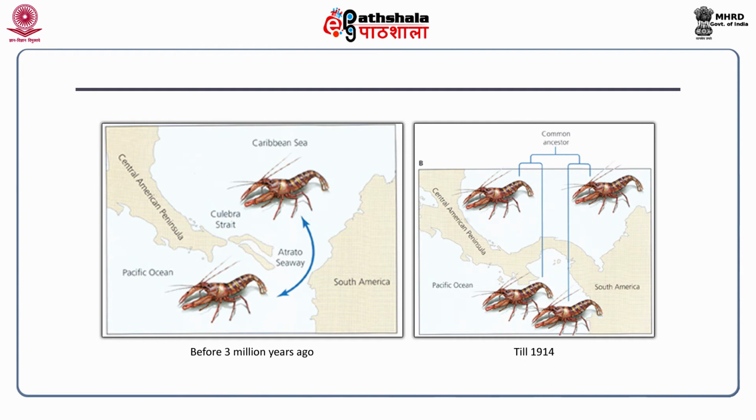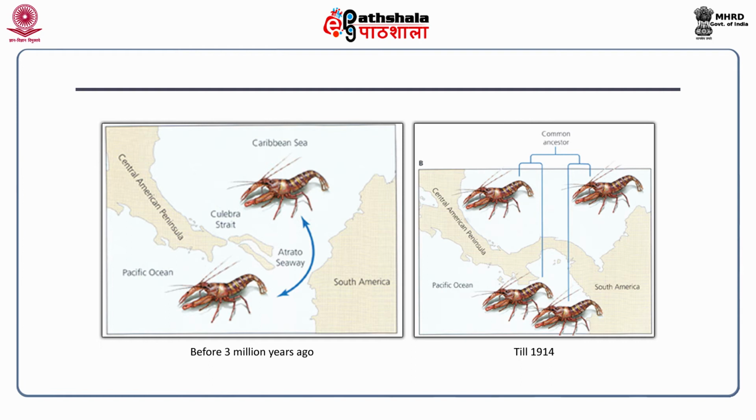From around 3.5 million to 3 million years ago, the Isthmus of Panama formed and joined two major landmasses on the earth, North America and South America. The isthmus connected these two continents through land. This formation had huge repercussions on both terrestrial and marine animals, as well as plants.